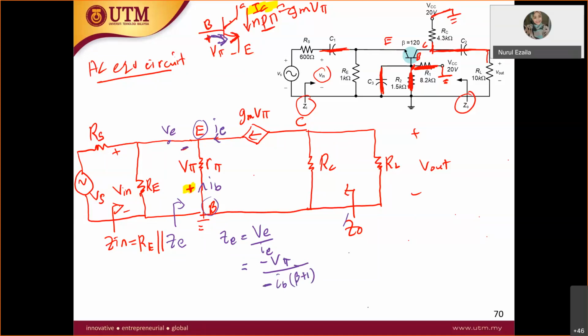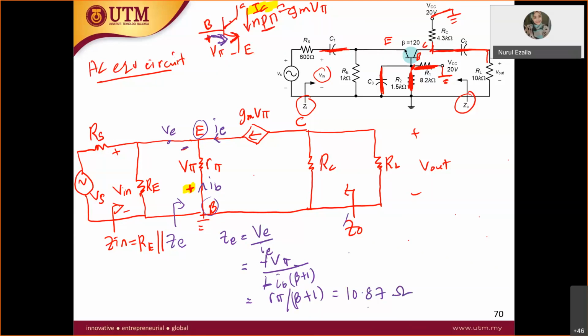Okay, so if you simplify this, V pi equal to R pi, then you will get this portion equal to R pi over beta plus 1. All right, so this one you will get equal to 10.87 ohm.